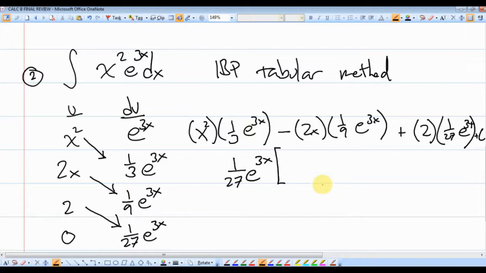So 9x squared minus, okay, we have 1/9 divided by 1/27, which is 1/9 times 27. 1/9 times 27 is 3. 3 times 2x is 6x. Sorry. Plus 2.